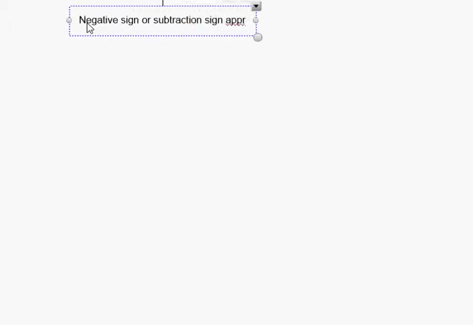The last topic for this section we're going to talk about is if we have a negative sign or subtraction sign appears outside the parentheses.